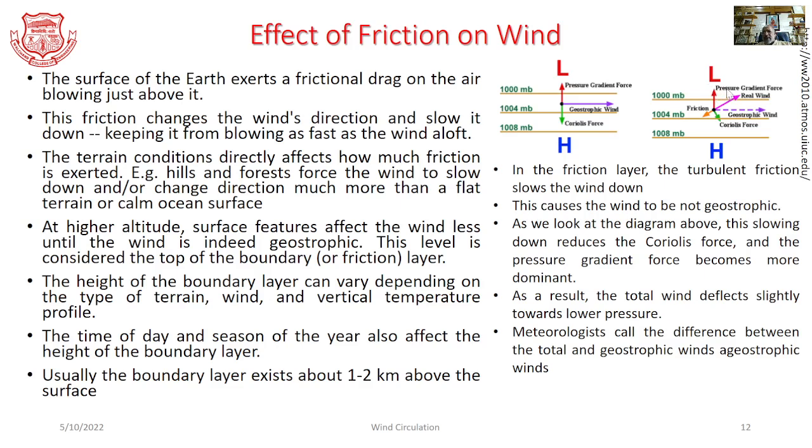As the pressure gradient force becomes more dominant, the geostrophic wind direction, which was present in the absence of friction, will be slightly deflected towards the lower pressure. The meteorologists call the difference between the total and geostrophic winds the ageostrophic wind.